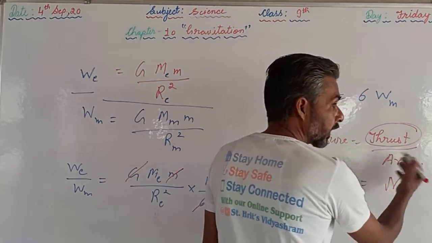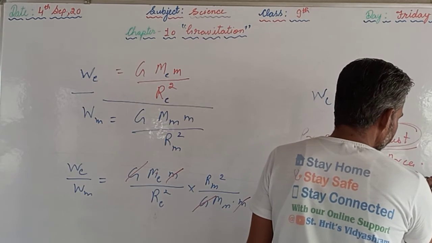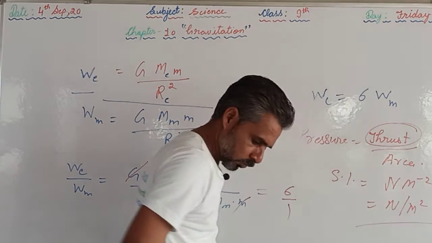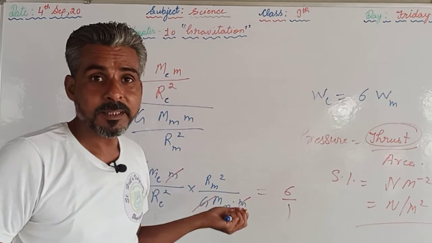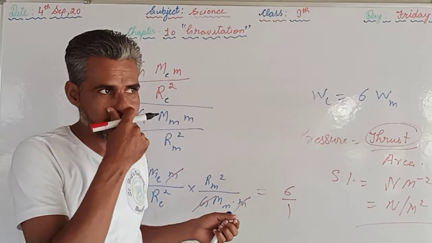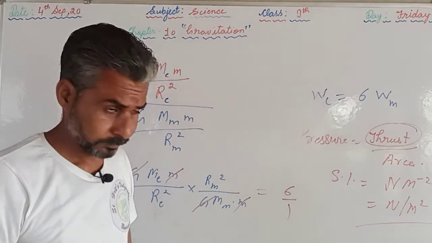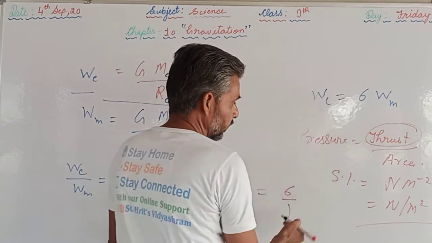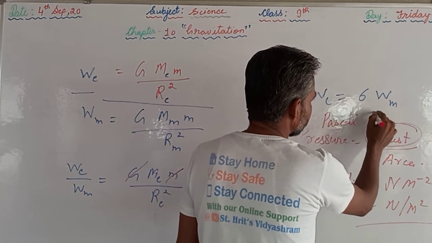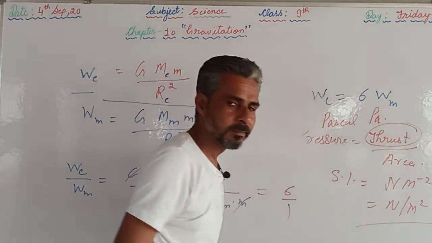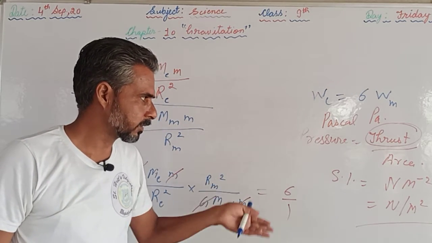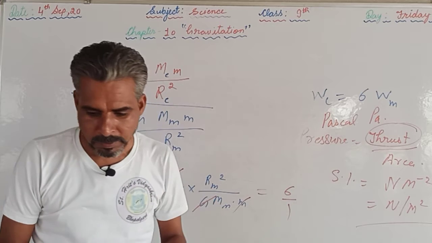Newton. Area is meter square, so the unit is Newton per meter square. One more SI unit is there, named after one of the greatest scientists, Pascal. So the SI unit of pressure can be Pascal, represented by Pa. So there are two SI units of pressure: one is the Newton per meter square and the second one is the Pascal.